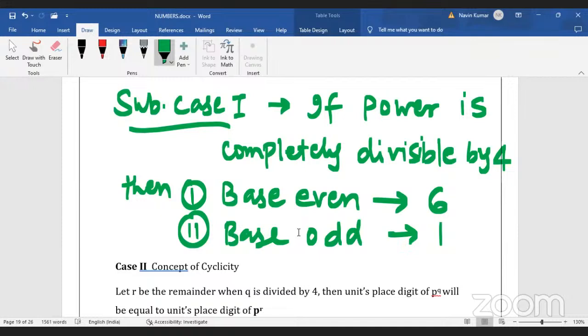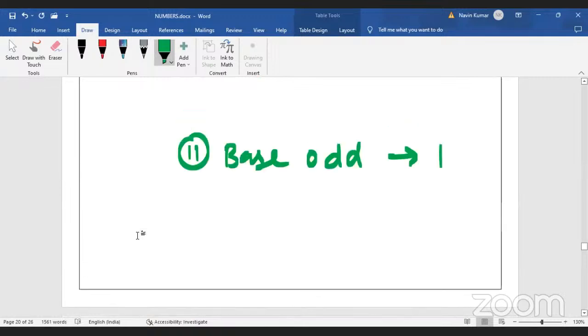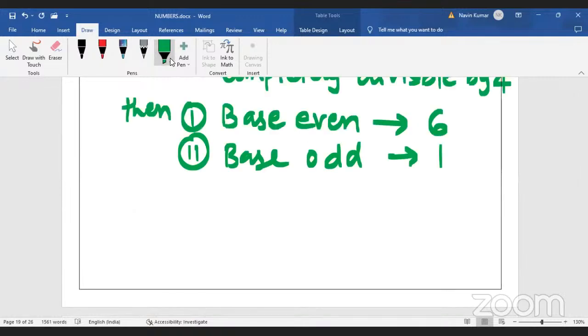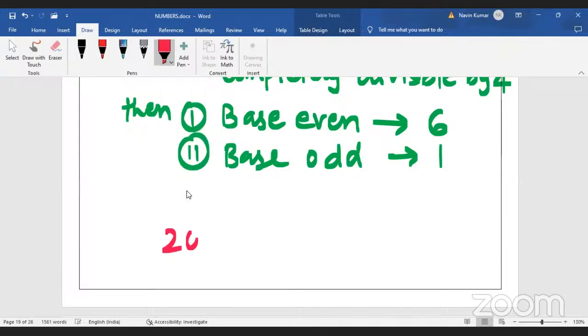Okay? I'll give you 2-3 examples to make everything clear. So I was saying that let's take a number 203 to the power of 400. Okay, now we can see that this power is completely divisible by 4 and base is an odd number, right?